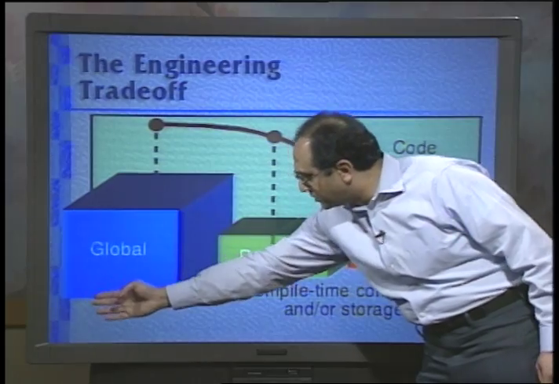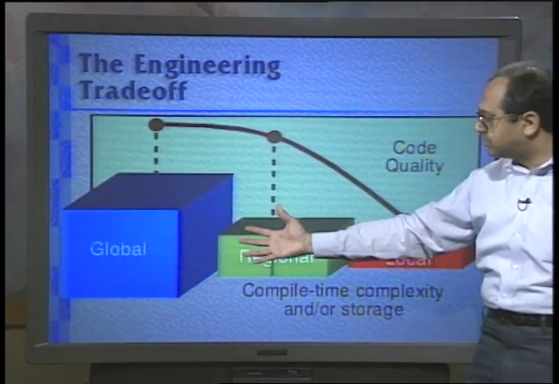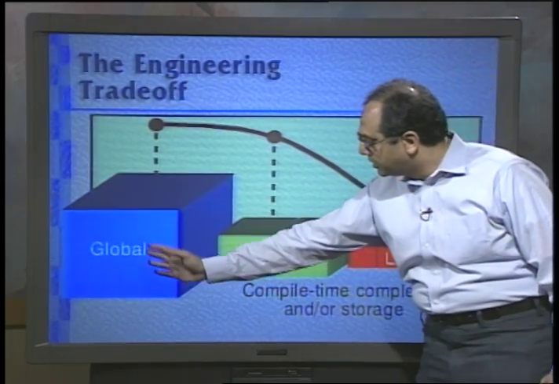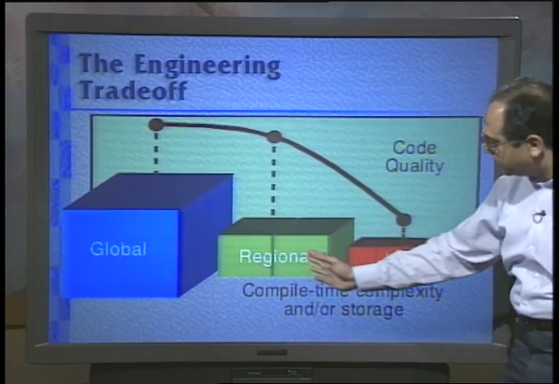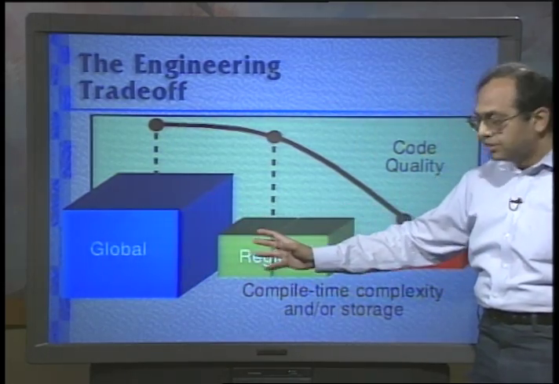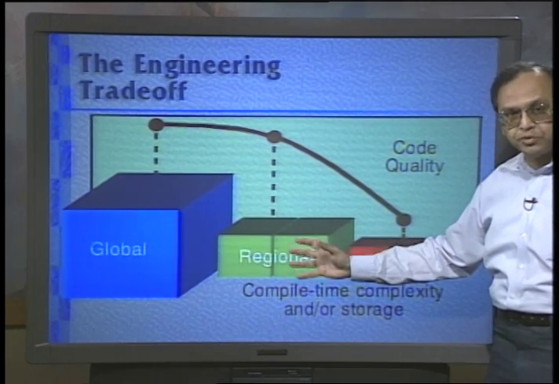If this is the size of the program unit, then the volume of the cube represents the amount of computation we have to do. If we divided this program unit up into two regions, then since this is an order n cubed complexity, we'd reduce the amount of computation by a factor of 2 squared.